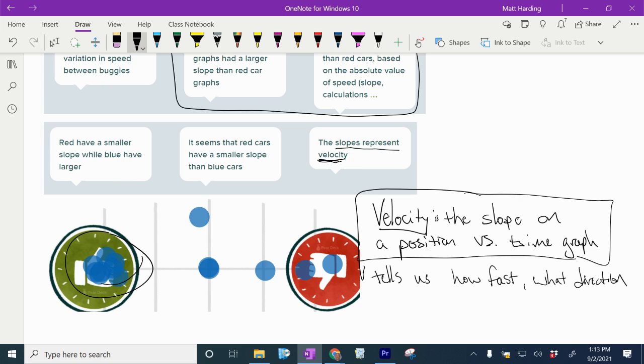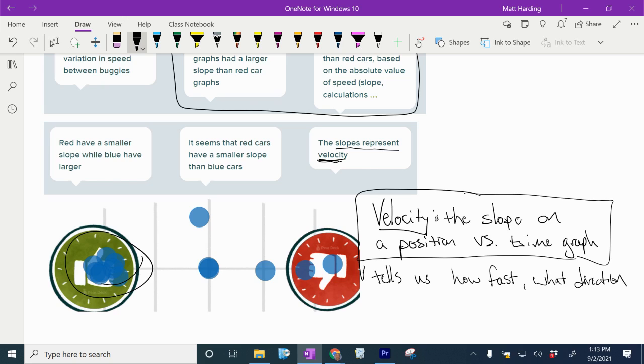Cool, cool. All right. Vertical intercept, we already talked about that. Significant because it's the starting position relative to the number line. Initial position, starting point. Car started at time 0 at position 11 centimeters.